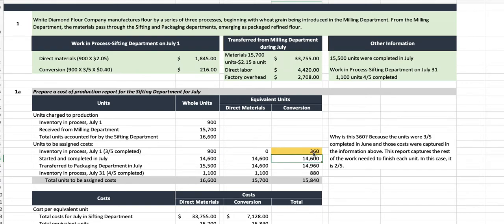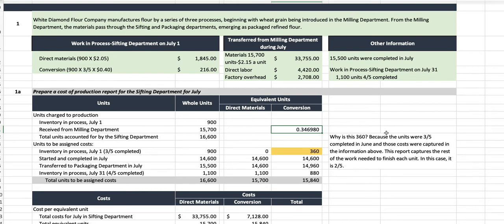While it's really easy for you to see the difference between 3/5 and 2/5, sometimes when our percentages are much more complex, let's just say that you're told that the units completed was 34698. Hold on one moment. Let me make that a little bit bigger.